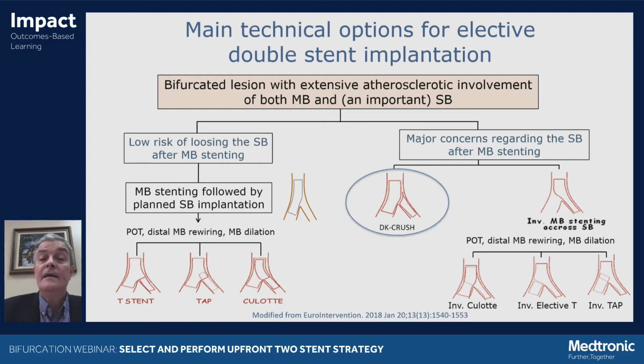However, in case we expect a high risk of losing the side branch following main branch stenting, one option for experienced operators is to start directly with double kissing crush. The other option is to do inverted provisional, which means stenting from the main vessel into the side branch, and again do POT, distal main branch rewiring, main branch dilatation, and then we finalize again with T, TAP, or inverted culotte.